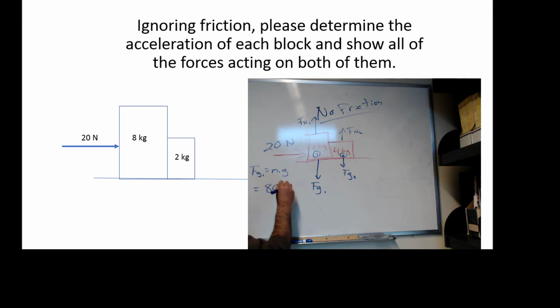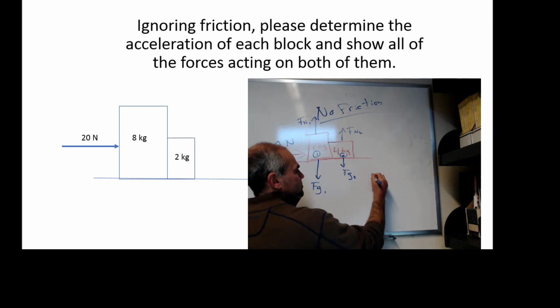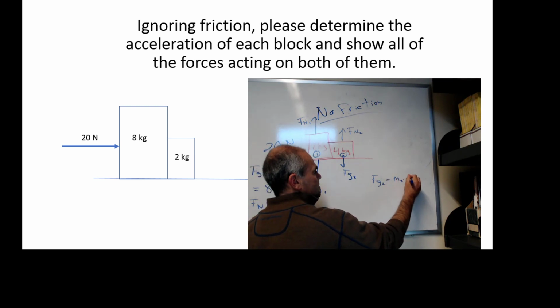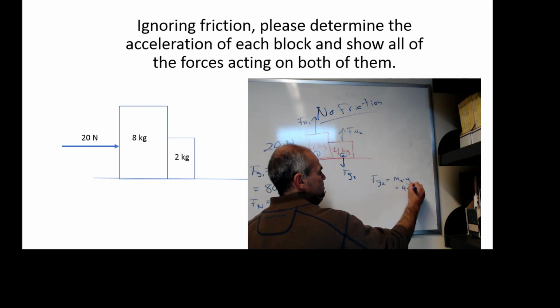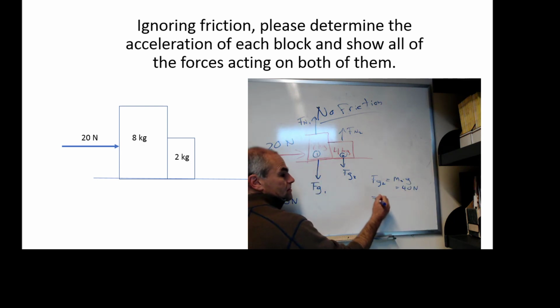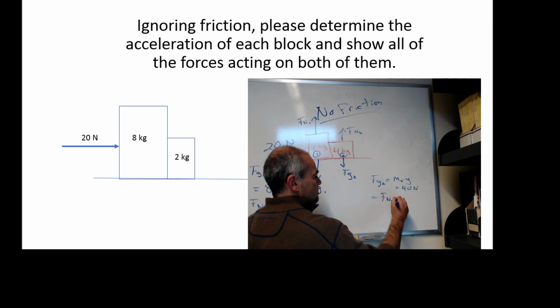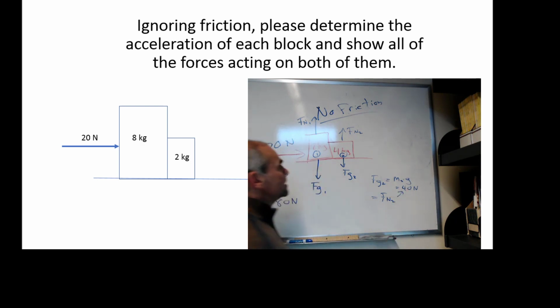We've got 80 newtons. So that means that Fn1, therefore, is equal to 80 newtons. For Fg2, we have that that's equal to m2 times g, which is 40 newtons, which also has to be equal to Fn2, which is also 40 newtons. So we got those two forces taken care of.